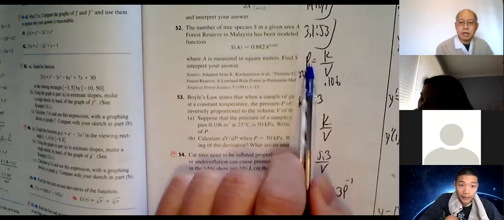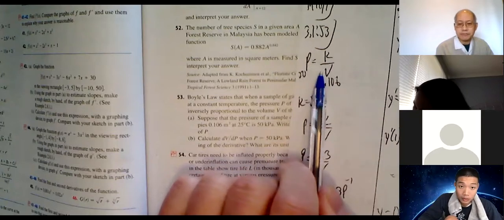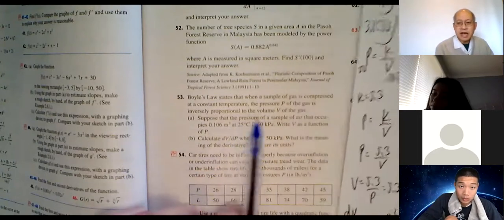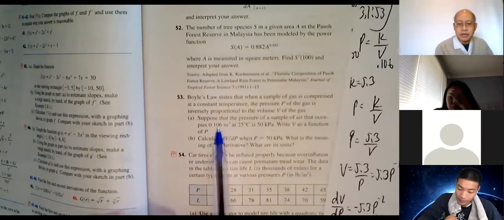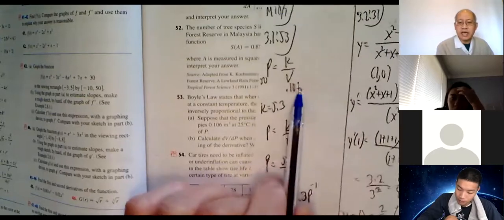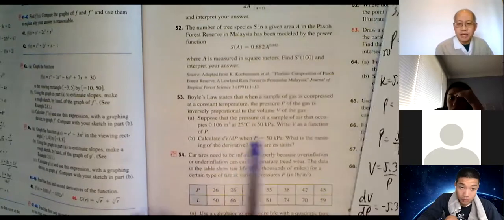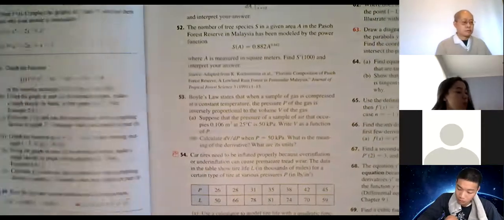Okay, pressure times volume, PV equals a constant. So P is equal to K over V. Okay, and what's going to happen is you start plugging in stuff. You plug in the P and the V to solve for K. And then once you solve for K, then you can answer any questions after that. All right. Let me show you what's happening.